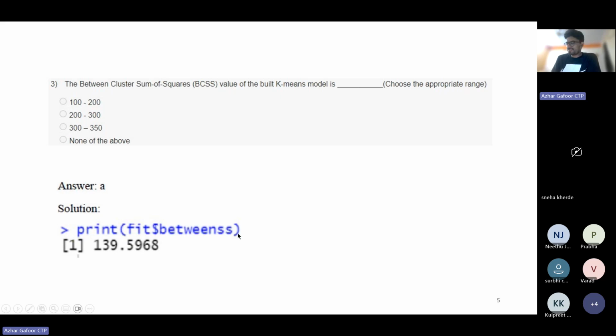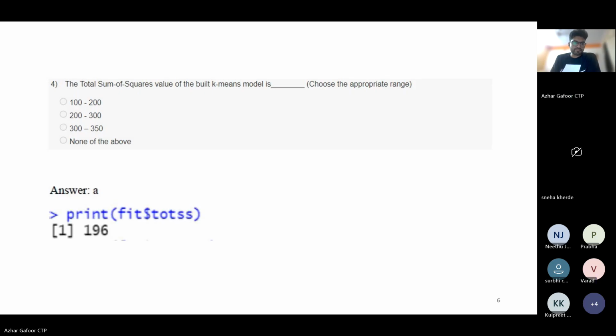I don't know if there is a chance, but maybe they can ask. Basic commands like how to read CSV files can also be asked. Not sure, but there can be a chance.